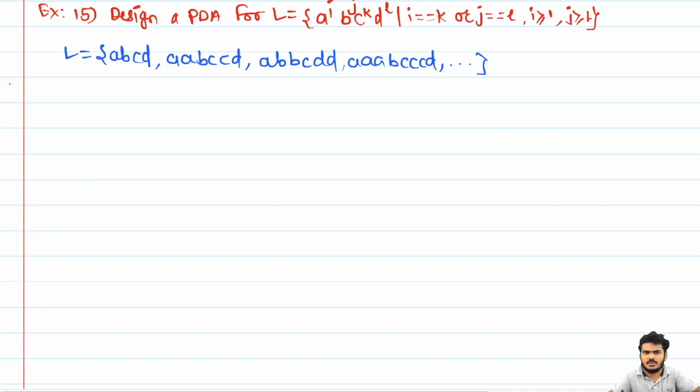When i is equal to 2 and j is equal to 1, I will get this string. Similarly, when i is equal to 1 and j is equal to 2, I will get this string. When i is equal to 3 and j is equal to 1, I will get this string. Similarly, I will get an infinite number of strings.